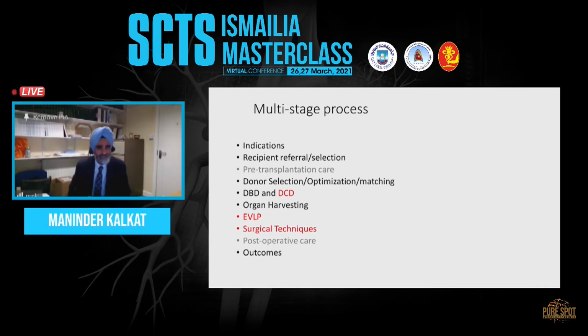And then we'll discuss a little bit about various types of donors, DBD and DCD, how we harvest the organ, and then a few of my slides will be on ex vivo lung perfusion techniques and how it's going to help in lung transplantation, and then just a few words about the techniques.